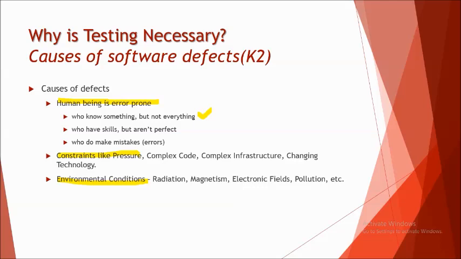If you are talking about any product used externally, like a cell phone, a laptop, or a radio transistor, these deal with such concepts: what kind of radiation it accepts or creates, the magnetic field and electronic field created, and the impact of pollution on that product. Does it rust, or does it lose its metal properties? So we are giving you an approach from the understanding of both software and hardware.